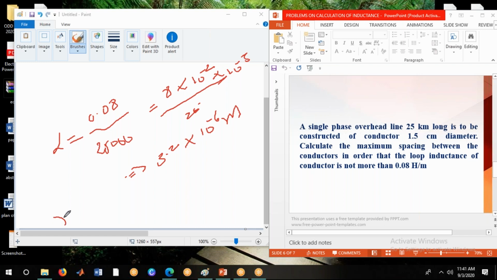Now find the r dash value. It is 0.7788 times the radius. The given diameter is 1.5, so if you want to convert to the radius, 0.75 into 10 power minus 2. Find the r dash.